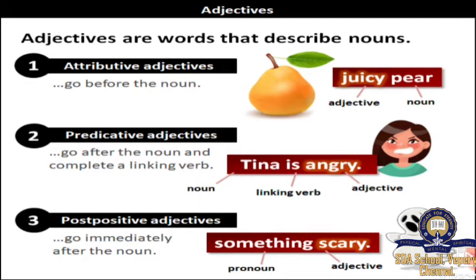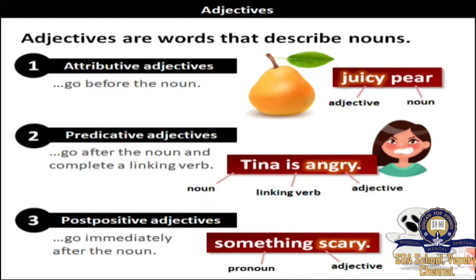Second is the predicative adjective. This goes after a noun and is completed with the help of a linking word. So, Tina is angry. So in the middle of the noun and the adjective, there is a linking word.